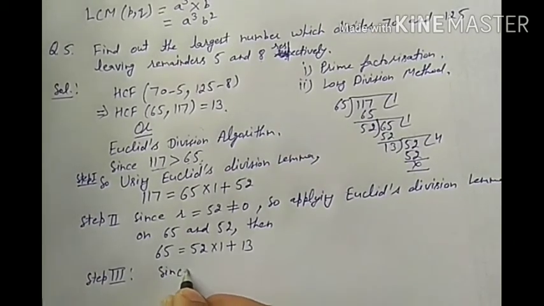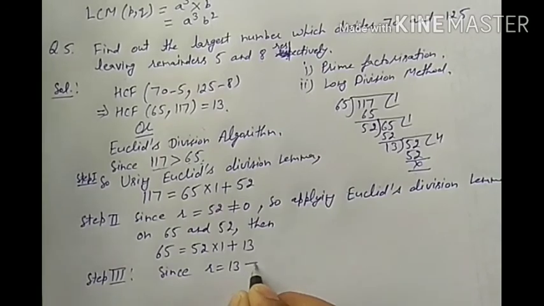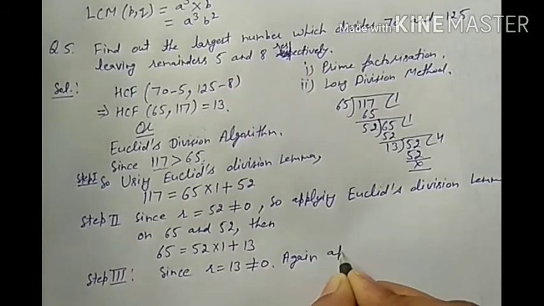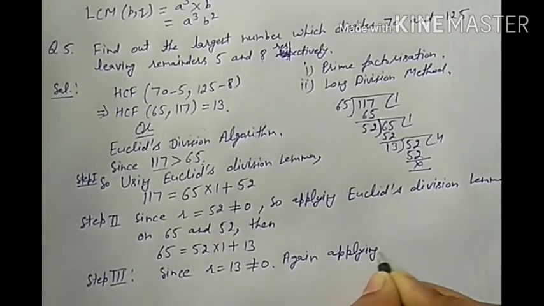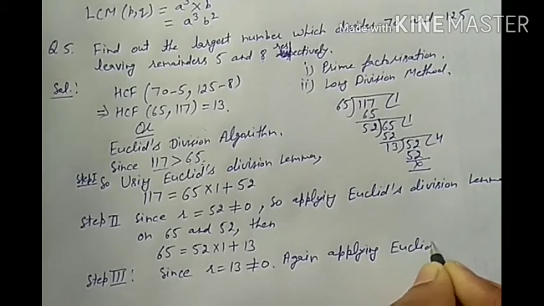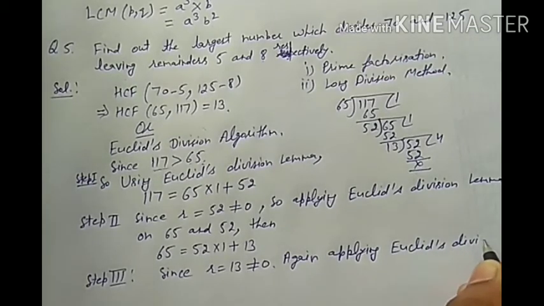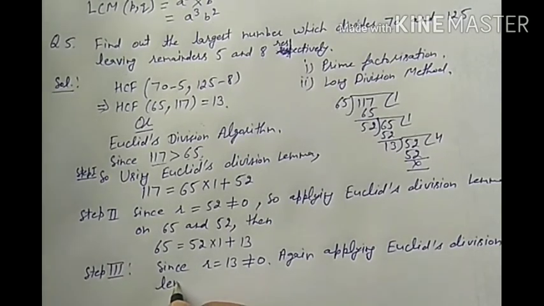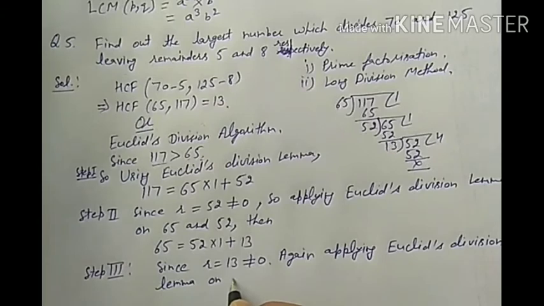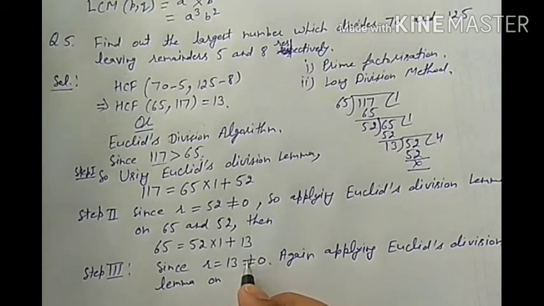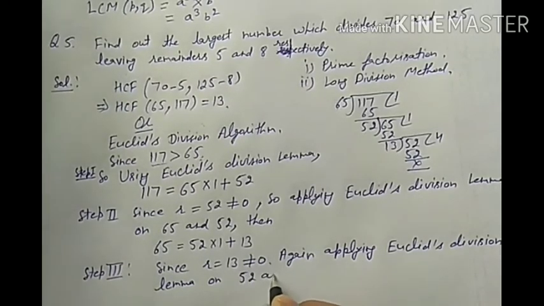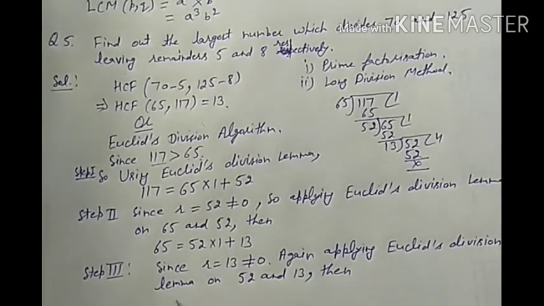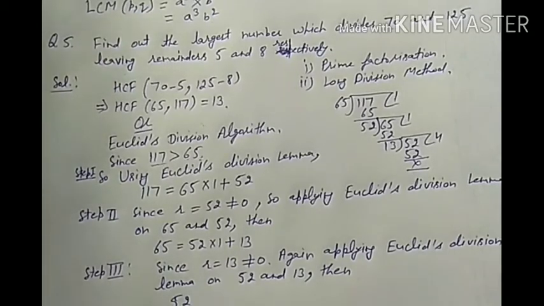Since R is equal to 13, not equal to 0, again applying Euclid's division lemma on 13 and 52. Okay, this time 52 is our dividend.